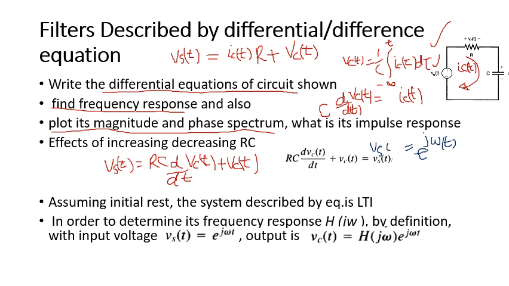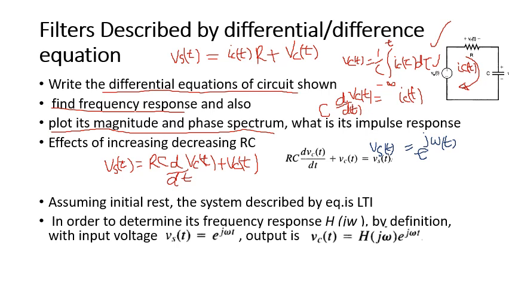If V source of t equals e power j omega t, the output will be the same thing but with a scaling factor. You understand that e power j omega t, which is a complex exponential, is an eigenfunction of the LTI system, because whatever you give to the LTI system, you get the same with some scaling factor, and the scaling factor is h of j omega, right?